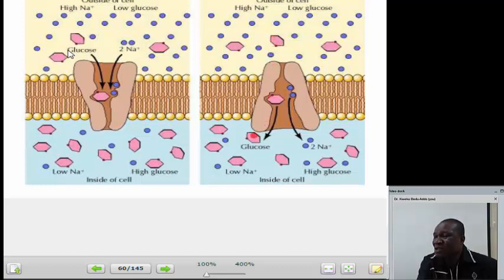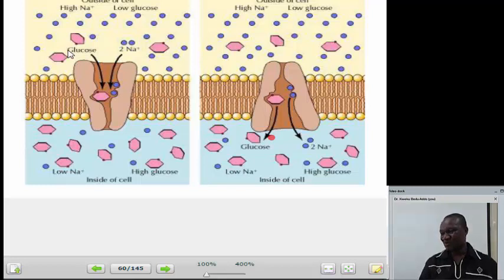So that the sodium is moving along its concentration gradient, and the glucose is moving against its concentration gradient, utilizing the energy that sodium transport is releasing.